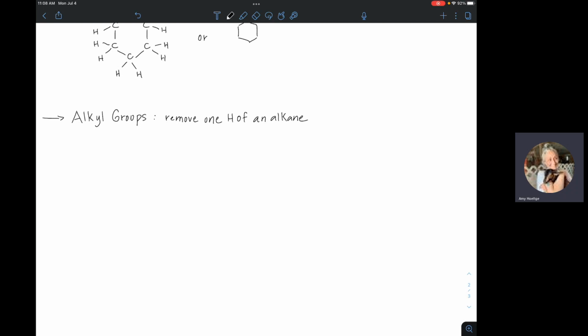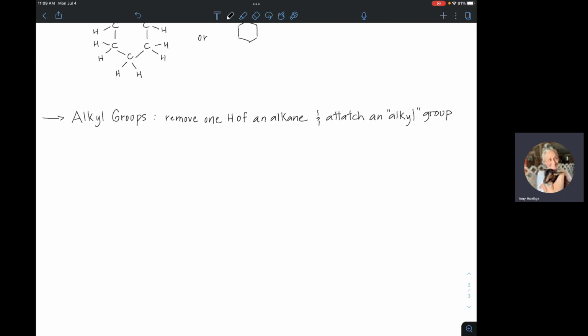We're going to remove one of the hydrogens from that parent molecule, and we're going to call it an alkyl group. And we have names for these things. We're going to attach that alkyl group to another molecule, or to that parent alkane, and we're going to call it a substituent. So group, substituent, that kind of thing.